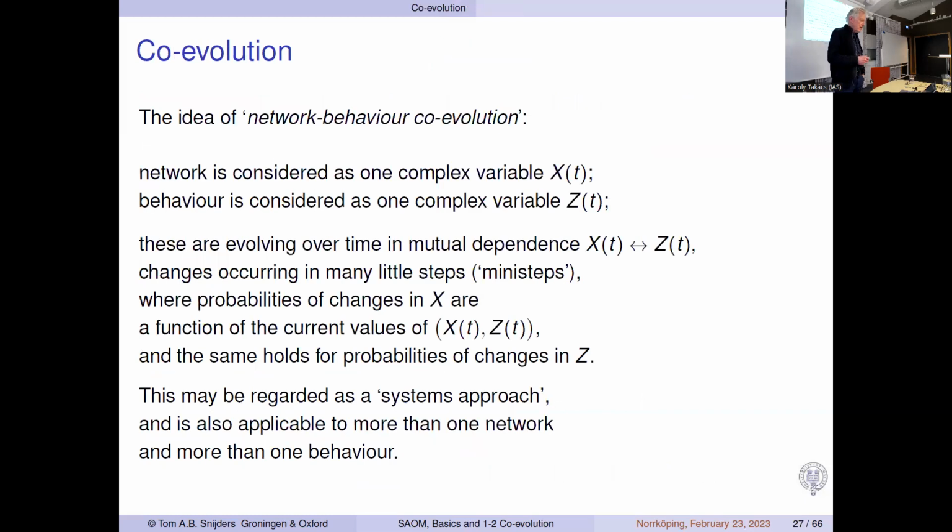Now I will give a brief introduction into co-evolution. Co-evolution of a network with multiple complex variables is joint interdependent dynamics of complex variables in which they influence each other.